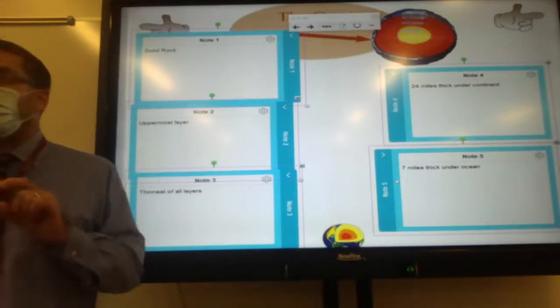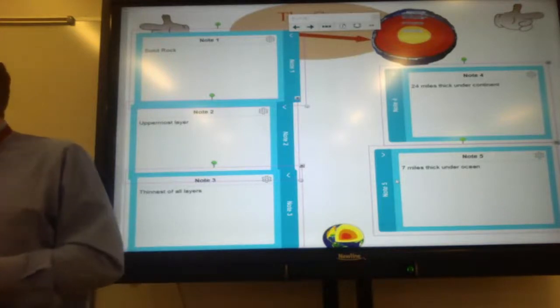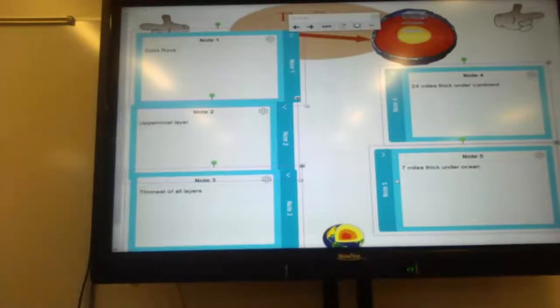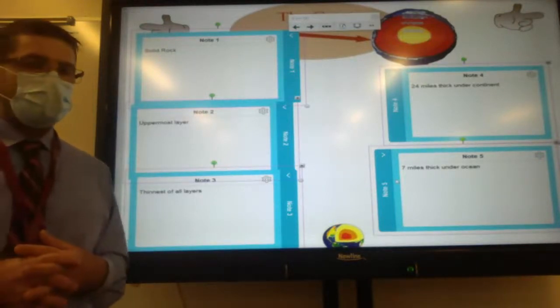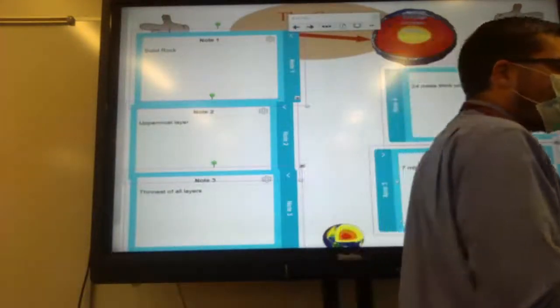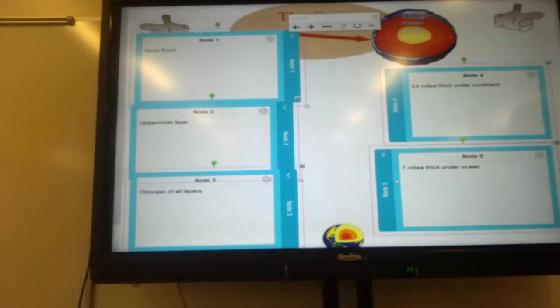Even though it's thinner, it's more dense. And the idea of the oceanic crust being more dense is going to play an important role in our next topic when we talk about plate tectonics.